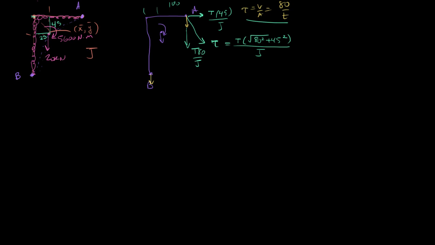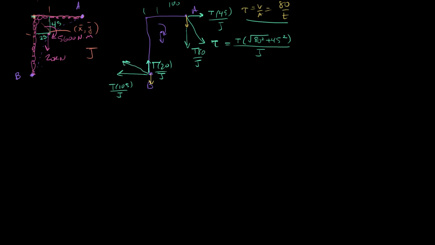And if we look down here, we have this shear, and then we have an upward stress that's T times 20 over J, and then we have a stress in this direction, which is T times 105 over J, and then we have another resultant of those two.